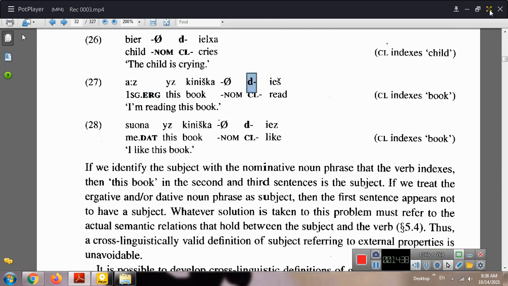And this shows the collective. The collective indexes the child in this example. The collective indexes the book here, and here the collective indexes the book again.